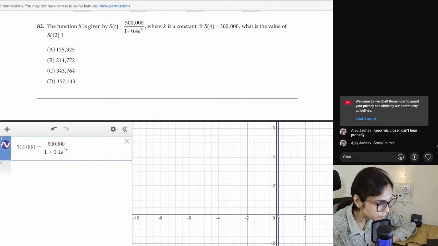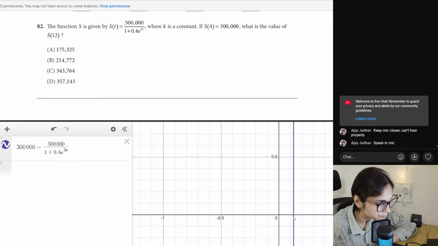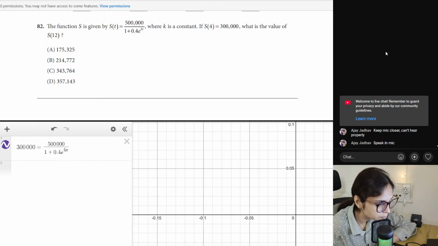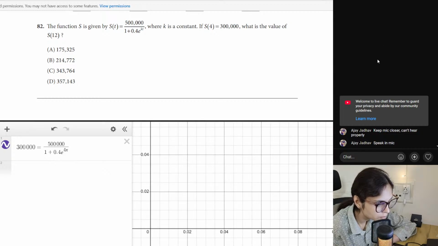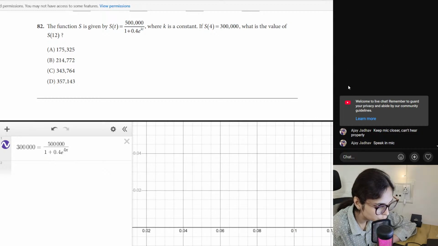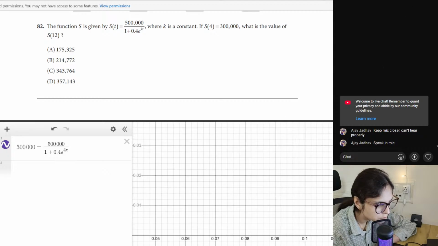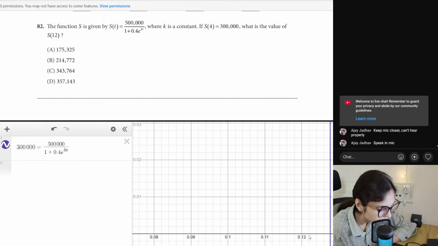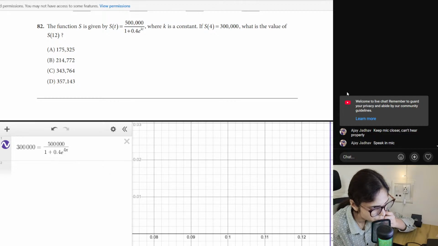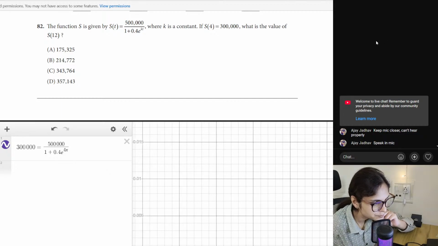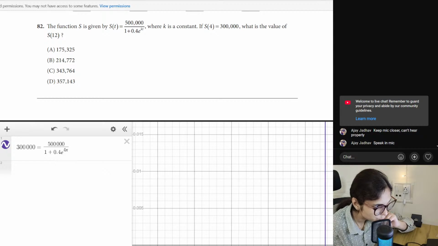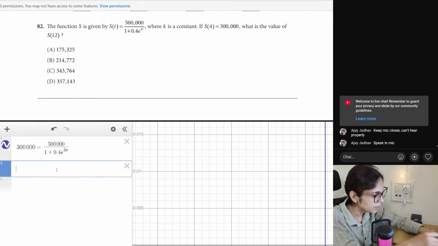And now you can see the value of k is how much? 0.12224... So we can say it's approximately 0.128, because 0.126, 0.127, 0.128. So it's approximately 0.128. I can say that. And now you have to find s of 12.